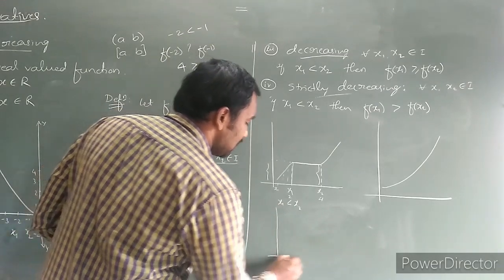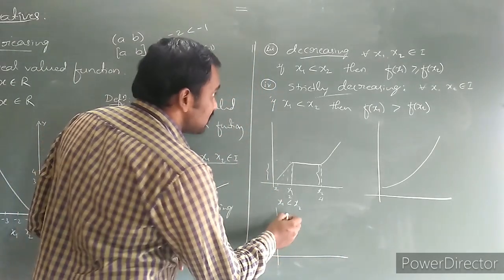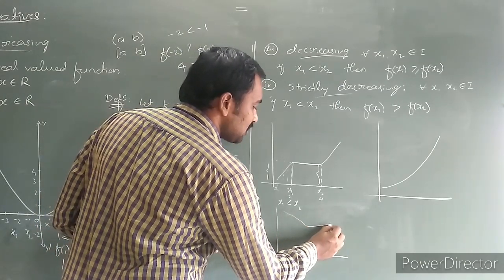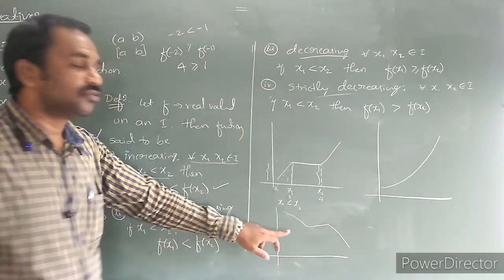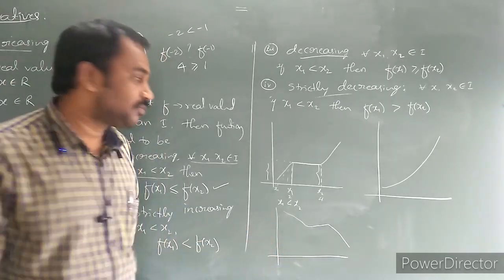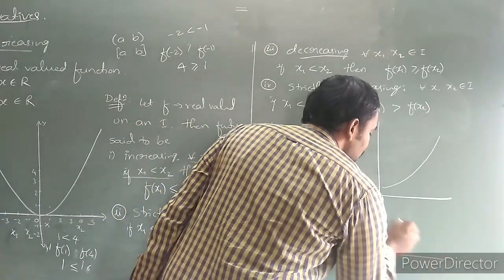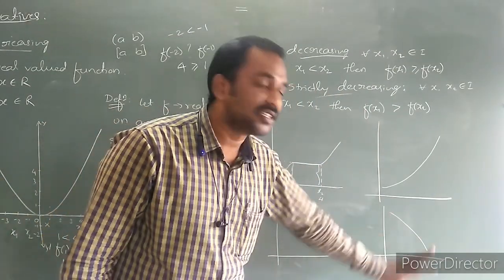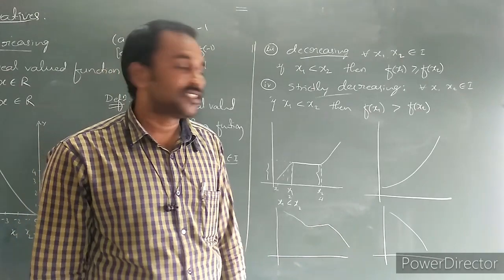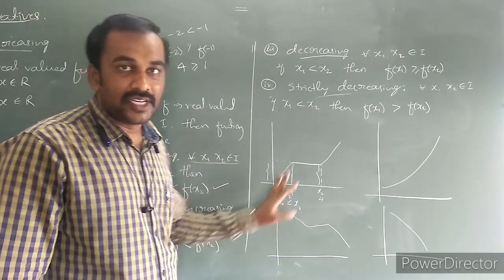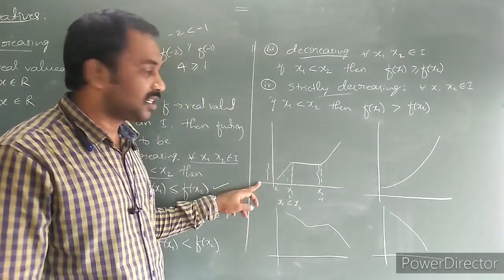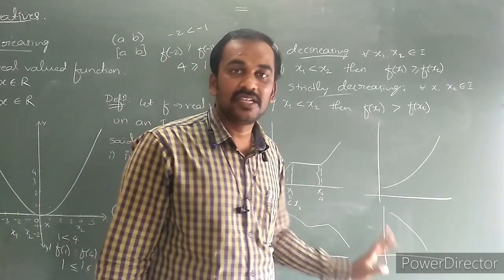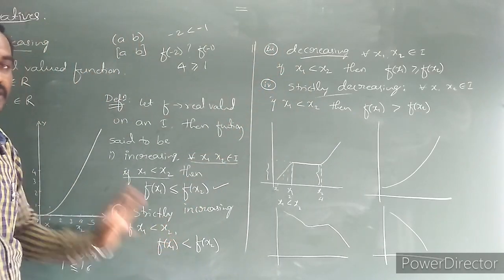In the same manner, a decreasing function at some moment has the same f of x values, and a strictly decreasing function means the values of the function are like this. This is said to be a strictly decreasing function. So it is very clear on the diagram: increasing, strictly increasing, decreasing, strictly decreasing, and the definition is very simple.